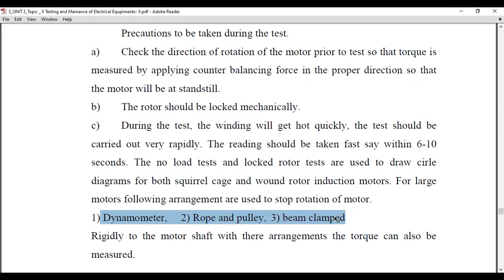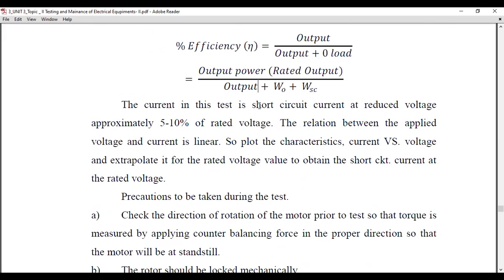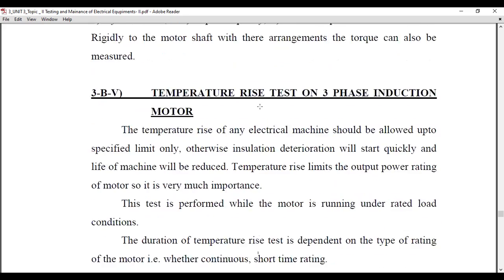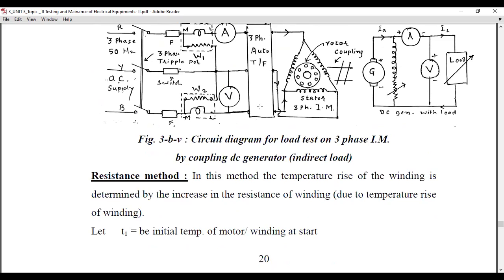Please focus here, and I hope you have understood the precautions and up to what value we need to take care of the induction motor. Any doubts?